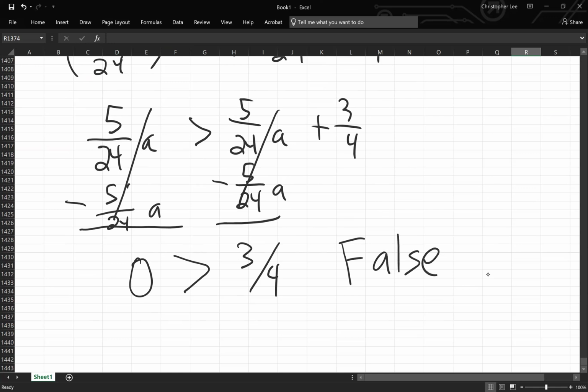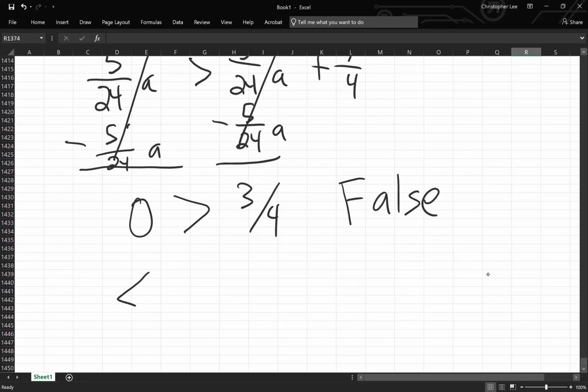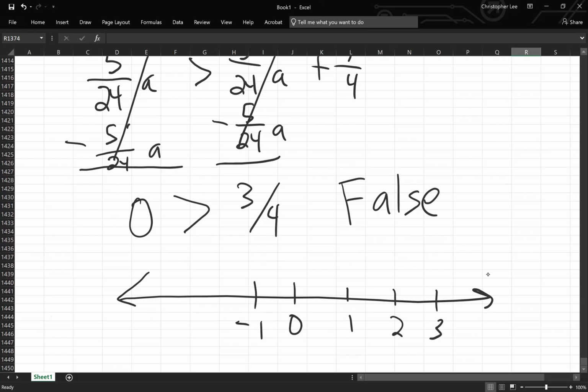It's a false statement. So on my number line, start off with 0, so 1, 2, 3, and then this is negative 1, negative 2, negative 3. Do not shade anything. Empty number line. This is not true. Go ahead.